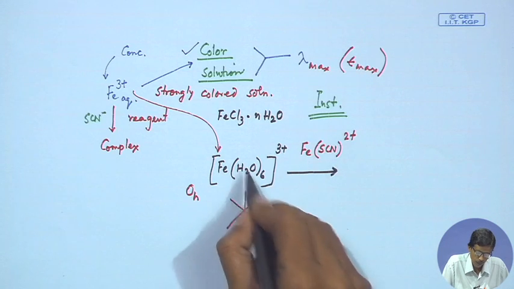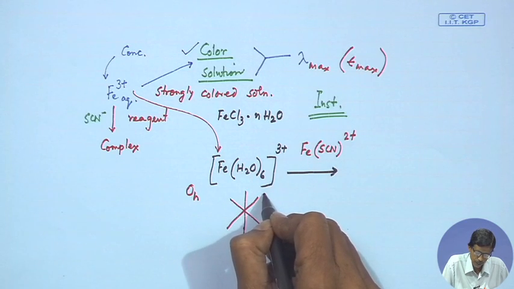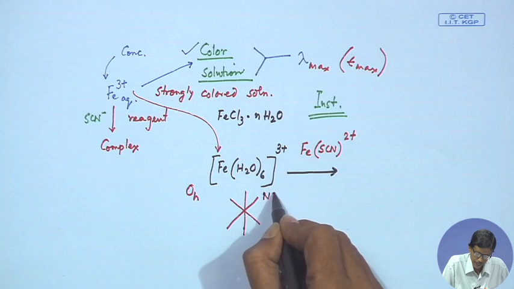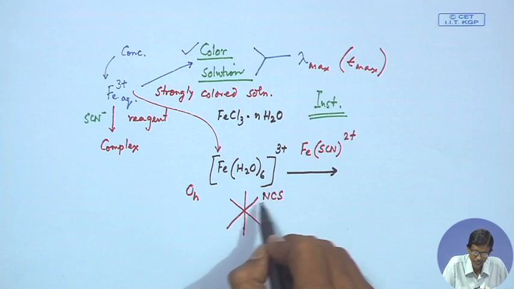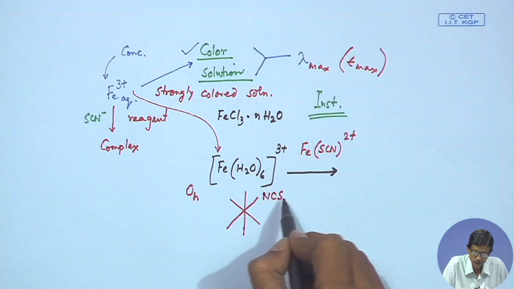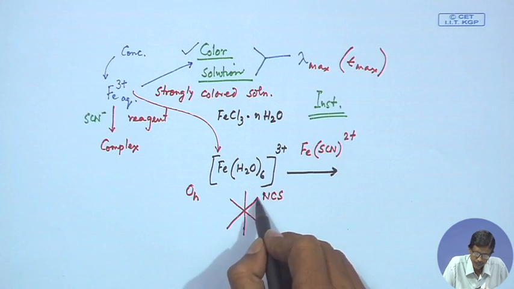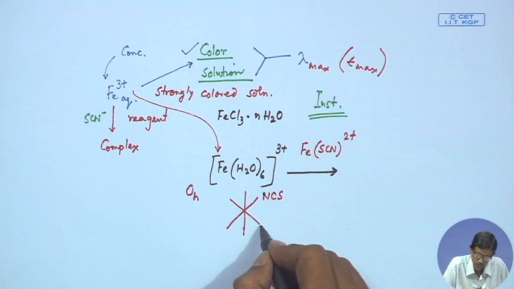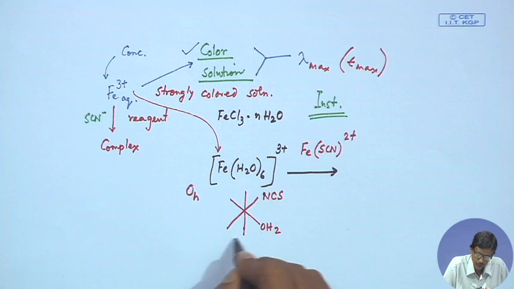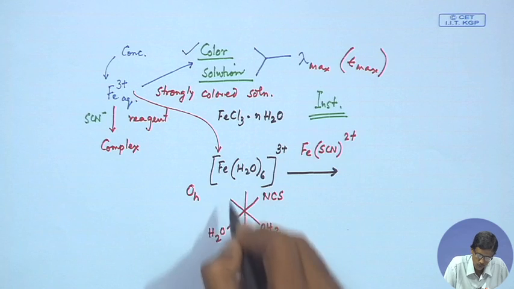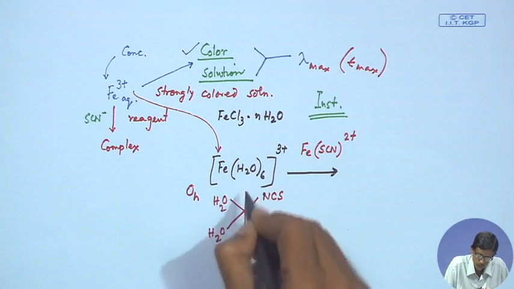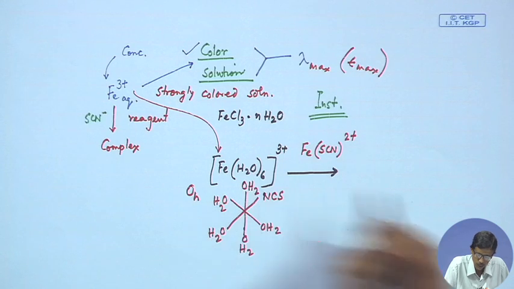So one of the water molecules around this will be replaced by NCS, because it is an ambidentate ligand, it can bind to the iron center through nitrogen and through sulfur, but here it is binding through nitrogen, and all other positions are occupied by OH2.